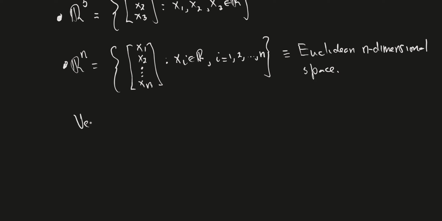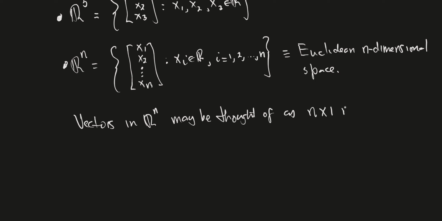So vectors in Rn may be thought of as n by 1 matrices. And that's why I've been using this column notation, so that even when it looks like we're doing something very different, algebraically we're going to be doing a lot of the same operations, right? So these vectors in Rn may be thought of as n by 1 matrices.